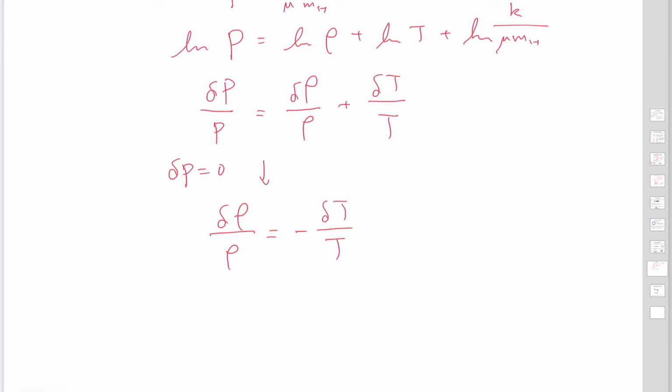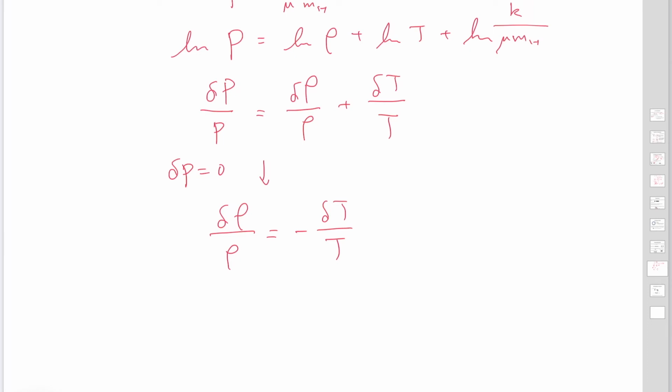With an increase in temperature, so delta T is positive, the density decreases because delta rho is negative. So the gas element starts to move upward.